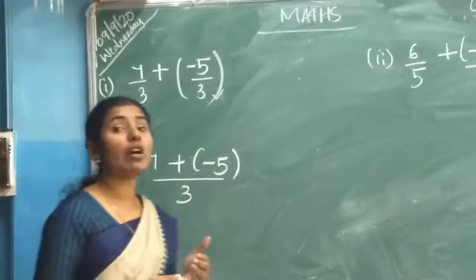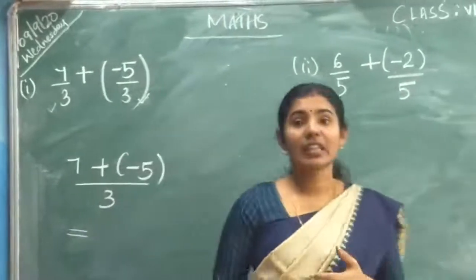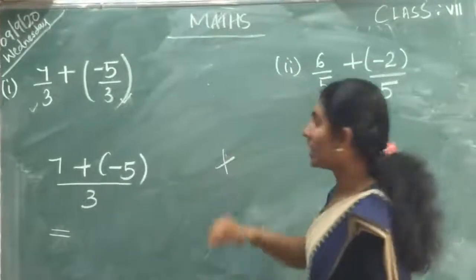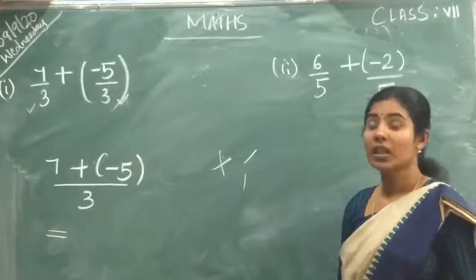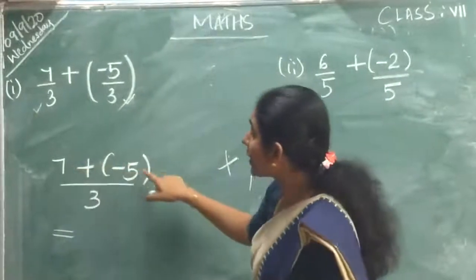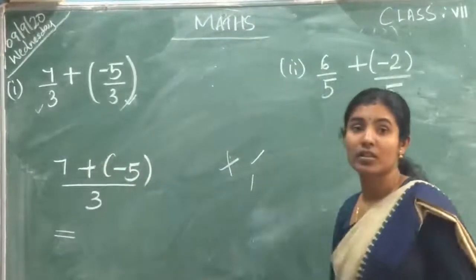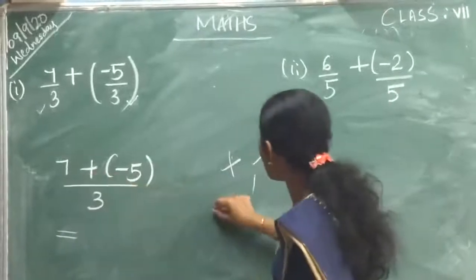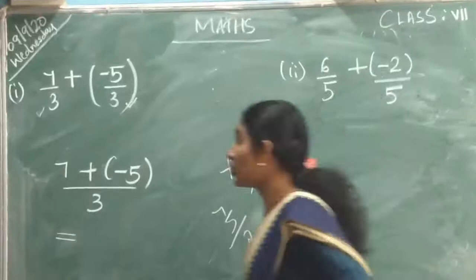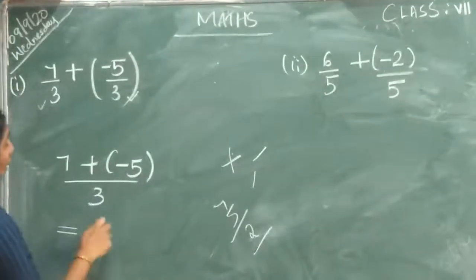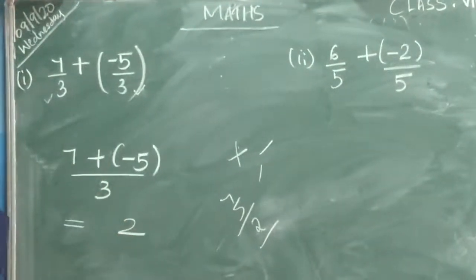You have studied how to add integers. When you are given one positive integer and one negative integer, how do you add them? First of all, without the sign, subtract the numbers. 7 and 5, when you subtract, what do you get? 2. So 2 you should write in the numerator.